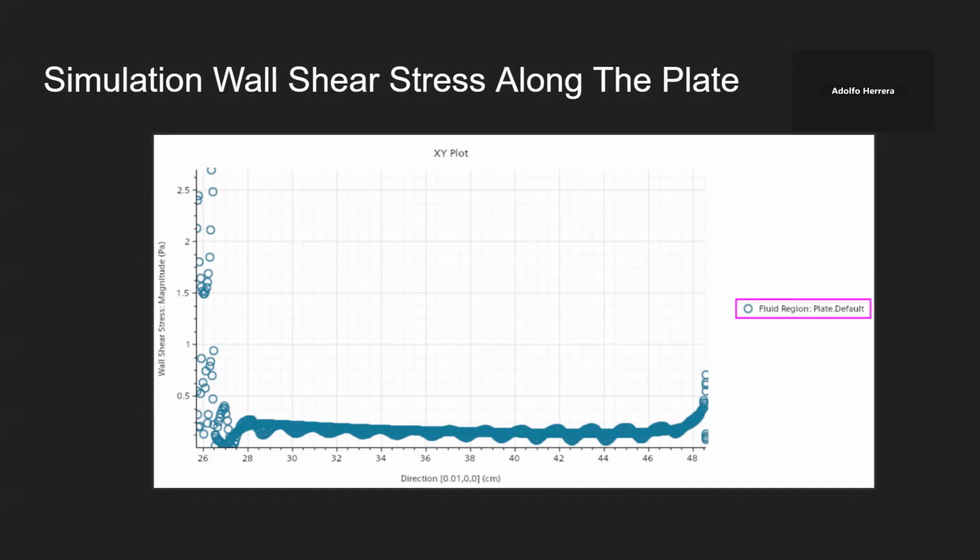It doesn't have the information that we care about because it contains the wall shear stress along the whole plate and not just the top part, which is the part that we're analyzing. That's why you have this continuous line over here, and then these waves that are not representative to the top of the plate, which is what we're analyzing.